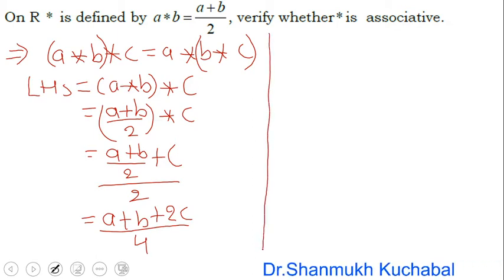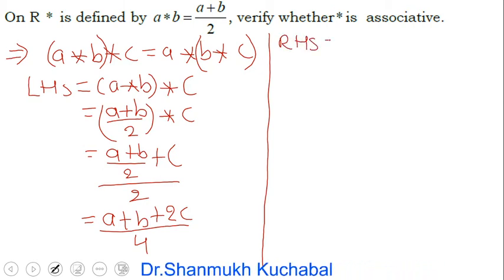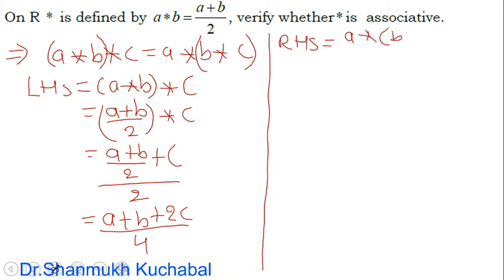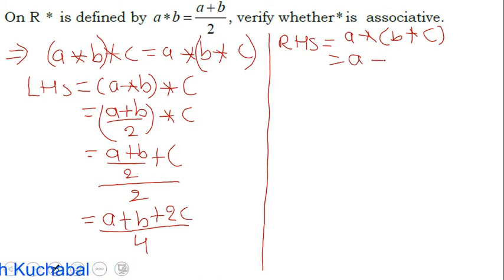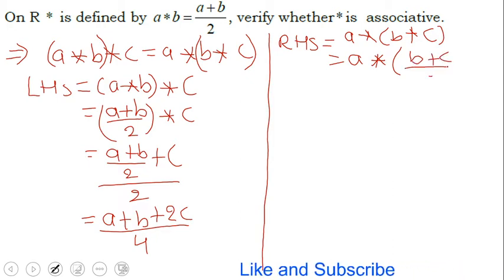Similarly, we'll simplify the RHS part. RHS is a star (b star c) equal to a star b star c. So the operation is the star operation, so both quantities we have to add, divided by 2. So I am going to get (b plus c) divided by 2.